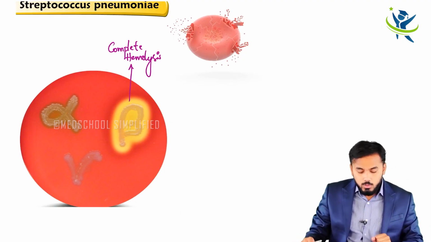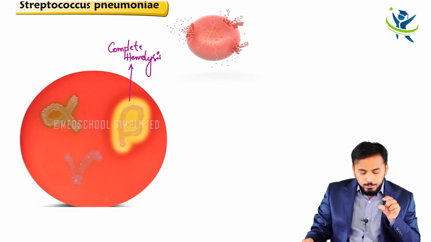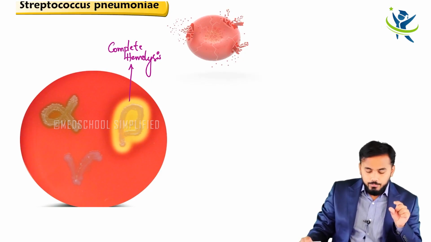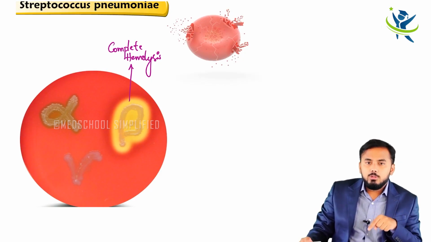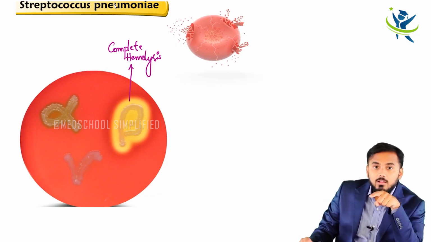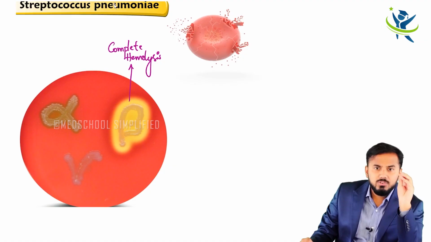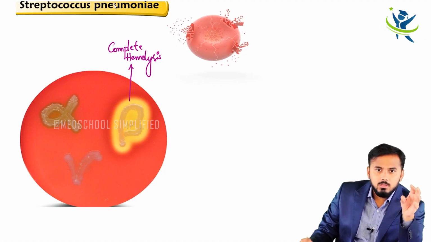Now let us compare with alpha and gamma. Surrounding the alpha you find a pale zone, but surrounding gamma, do you find any pale zone? No. Why? Because if you put 100 RBC surrounding the alpha, only 50 RBC have been broken down. It means 50 RBC have been hemolyzed.